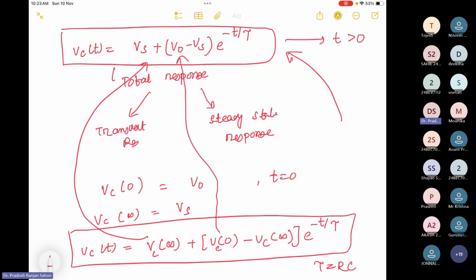Just remember, if they ask for the total response, or if you see in the circuit there are two sources, then you need to find the total response.